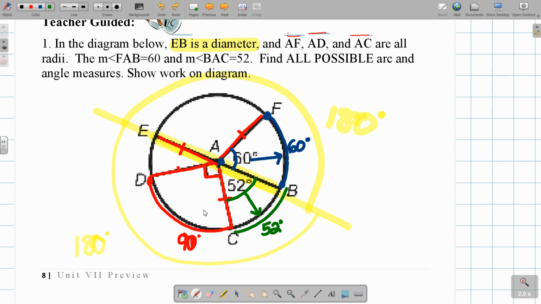Now let's see what else we can find. Let's trace something. Let's trace B, F, E. Do you feel that? That's 180. Now trace B to F. That's 60. So now I want you to find F to E. And of course that's 180 minus 60.